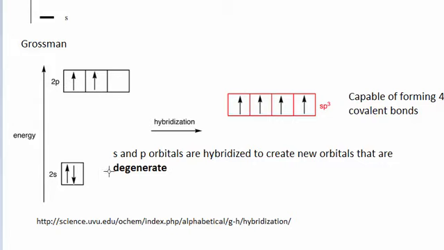Then it takes these orbitals and it mixes all 4 of these together, 1 of the 2s orbitals and 3 of the p orbitals, and we get 4 sp3 orbitals. And that is what we call degenerate. Degenerate is going to be a word you hear a lot. What does degenerate mean? Well, in the context of chemistry, it means that these sp3 orbitals have the same energy. So degenerate orbitals have the same energy.